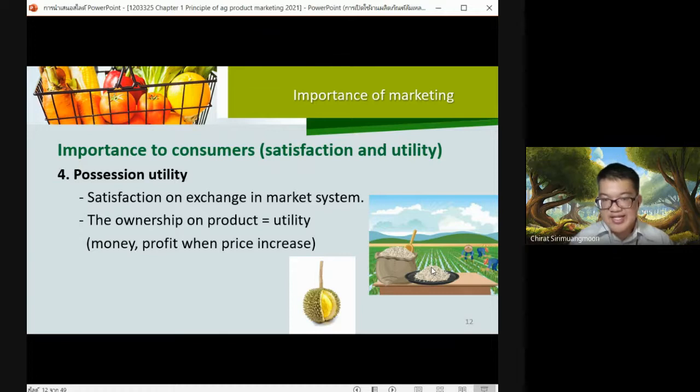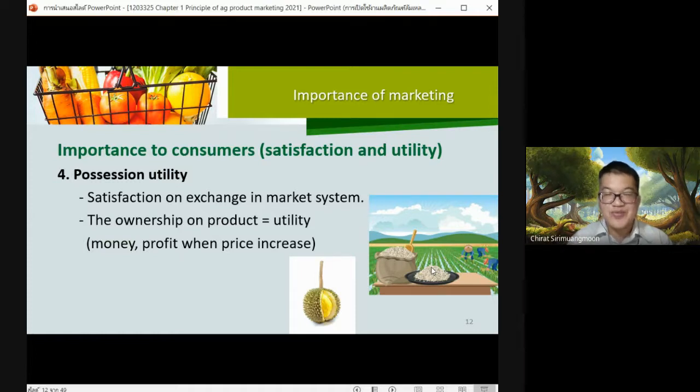Possession utility in this case is that the farmers or the durian growers, when they have the small fruit, might have some consumers or some middle person who come to that farm. Then they reserve.